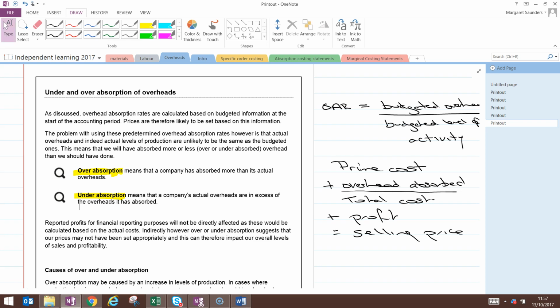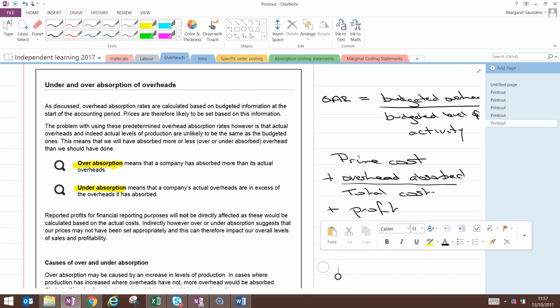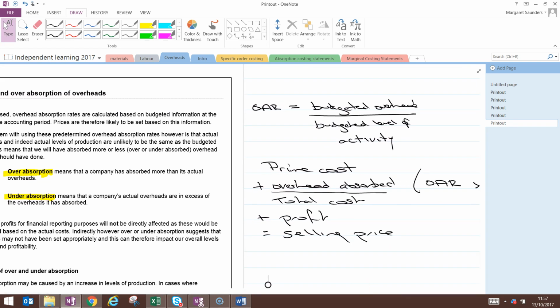The general causes of under or over absorption are due to a difference in the actual activity and the budgeted figures. So our overhead absorption rate is calculated using a budgeted overhead figure.